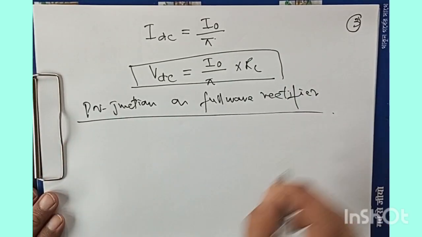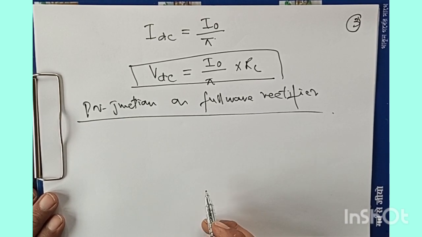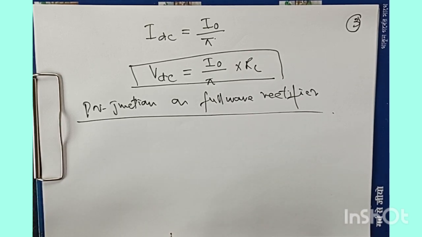In this case, what we are doing is making use of two PN junctions, and we are making use of both sides of the AC signal. The positive half is used, as well as the negative half is used.